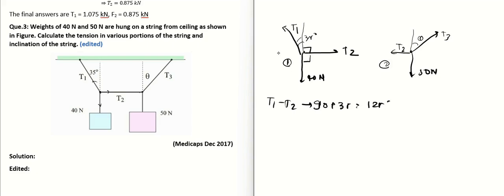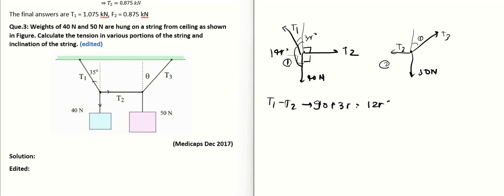Similarly, the angle between T1 and this 40 Newton force will become 90 plus 90 minus 35. So let us calculate it. 90 minus 35 will become 55, and if you add 90 to it, it will be 145. So this whole angle becomes 145 degree.